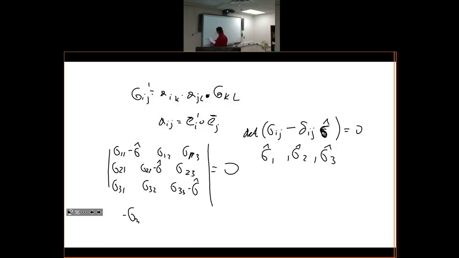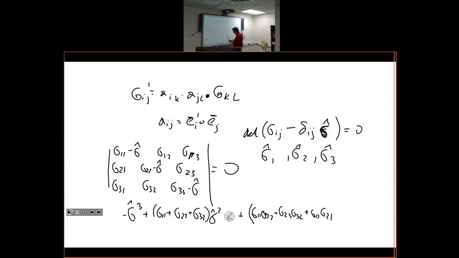Minus sigma hat cubed, plus (sigma 1 1 plus sigma 2 2 plus sigma 3 3) sigma hat squared, plus (sigma 1 1 sigma 2 2 plus sigma 2 3 sigma 3 2 plus sigma 1 2 sigma 2 1 plus sigma 1 3 sigma 3 1 minus sigma 1 1 sigma 3 3).